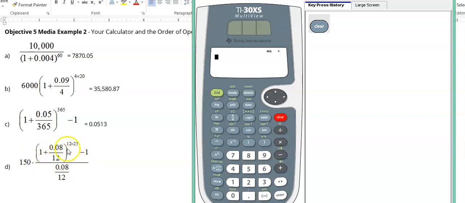That 12 actually corresponds to this 12. We have the times 25. So it turns out if you know 0.08, 12, 25, and this number, there's going to be a special calculator where you just put those in and it will tell you. But it's good to do one of these by hand, not by hand, by regular calculator, because if you can do this one, you can do anything.